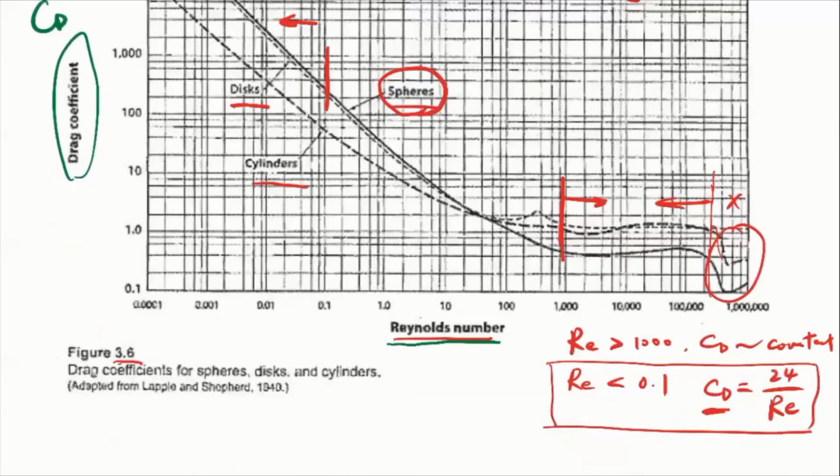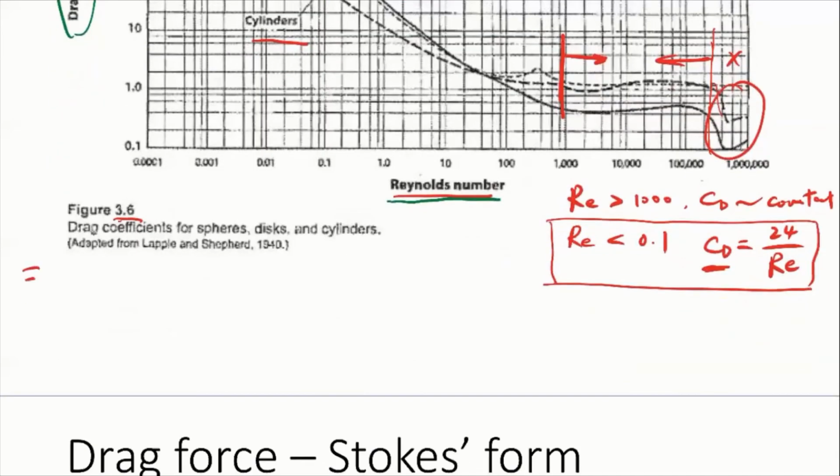The drag force is equal to 1/2 rho F V R squared A P and C D. We know that for a sphere, the cross-section area is the area of a circle with the radius of the particle, the particle diameter.